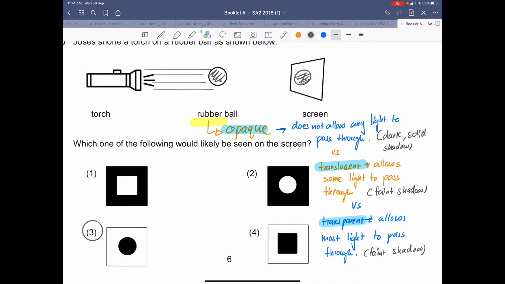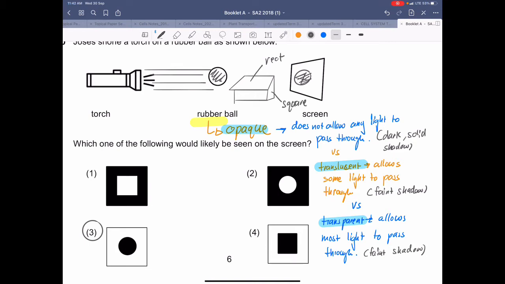Now, this kind of question can sometimes be very tricky. Instead of giving you a ball, they give you a rectangular cuboid shape, something like this. If you look at this side, it is a rectangle. If you look at this side, it's a square.